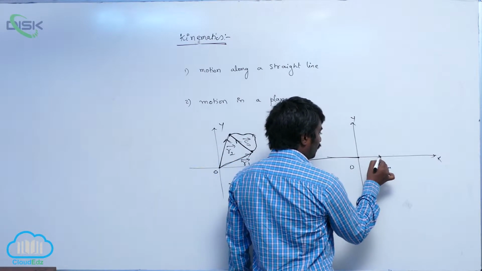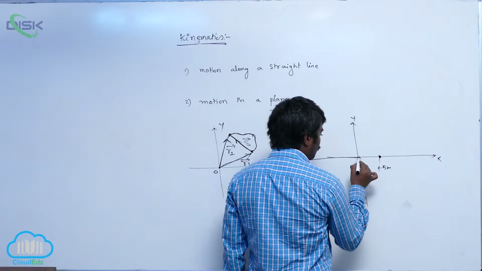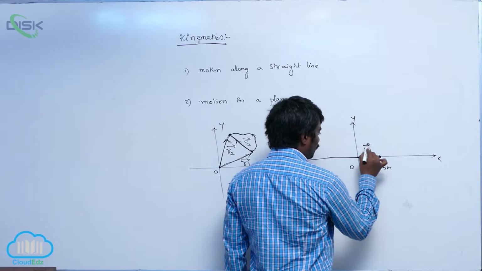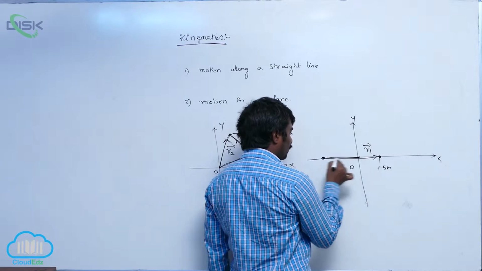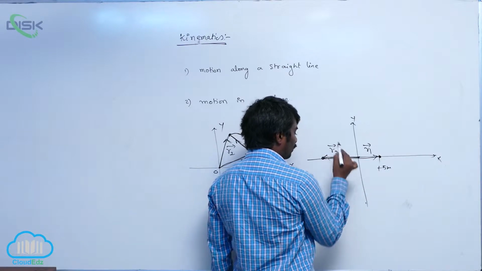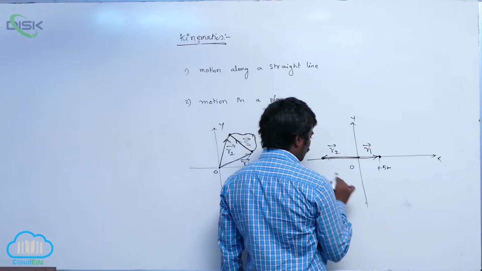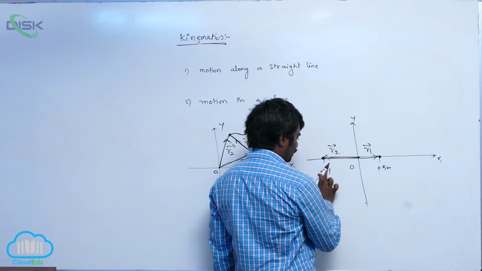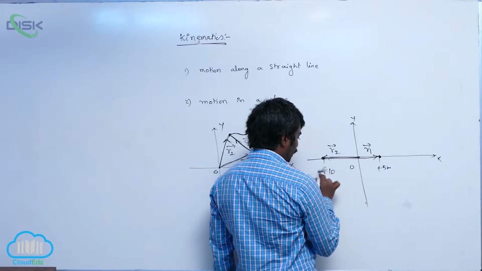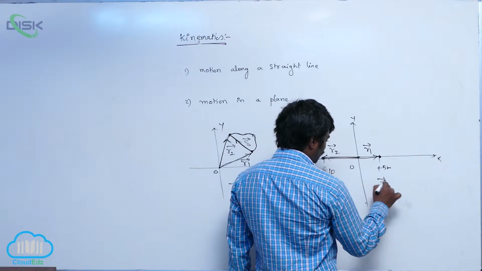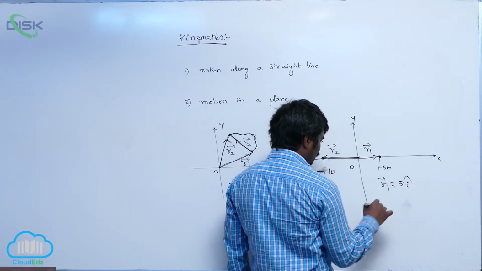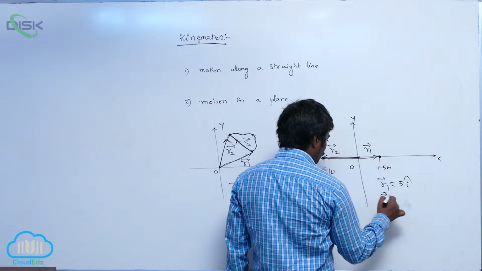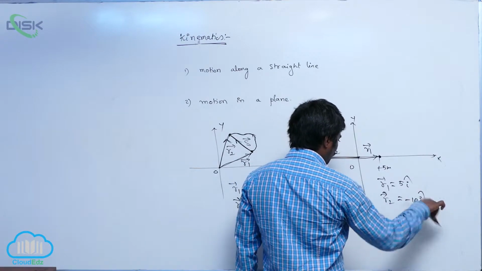Now this is the initial position of the object, so this is the initial position vector r1 bar. Next it comes to here, and this is the final position vector, that is r2 bar. Let me take this as minus 10 meters. That means r1 bar is equal to 5 i cap, y coordinate is 0, z is 0, and r2 bar is equal to minus 10 i cap.